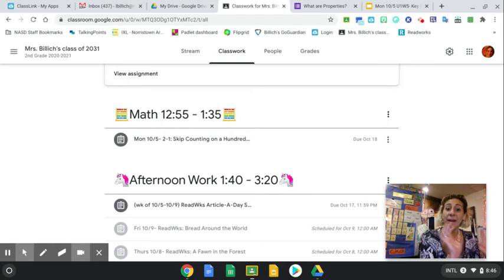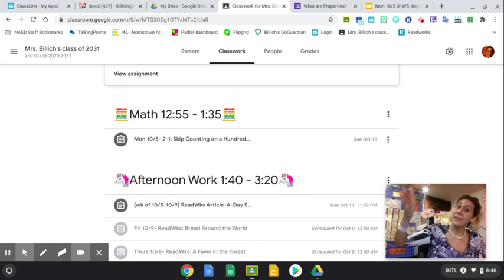So they first looked at a hundreds chart, and they noticed that you can skip count by twos, and they'll learn what the word even means. They're all even numbers. We haven't discussed what even means yet, but they went by 2, 4, 6, 8. Notice that pattern. And then they skip counted by fives, 5, 10, 15, 20. And then they went on the hundreds chart by tens. And notice that they all ended in 0, 10, 20, 30, 40.